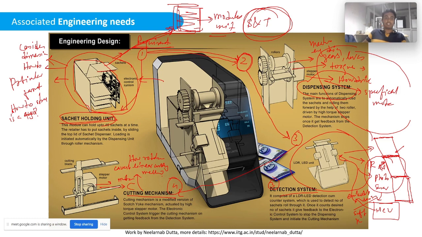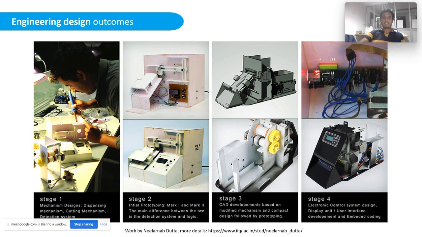All those decisions are taken based on the design requirements. And above all, you also need power circuitry to actually control it. So all these requirements come from engineering design, and this is the nature of engineering requirements and engineering outcomes.